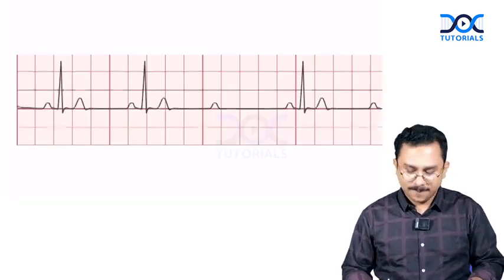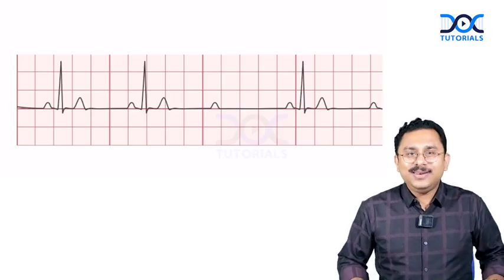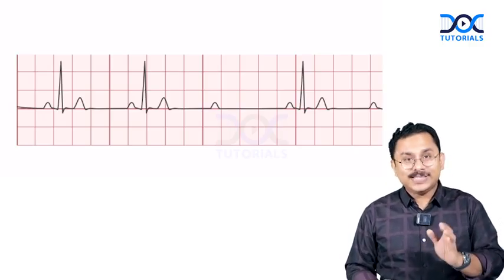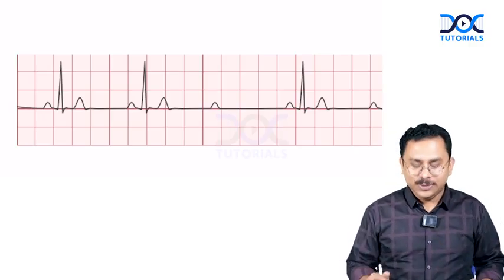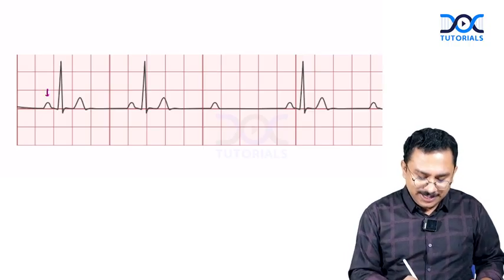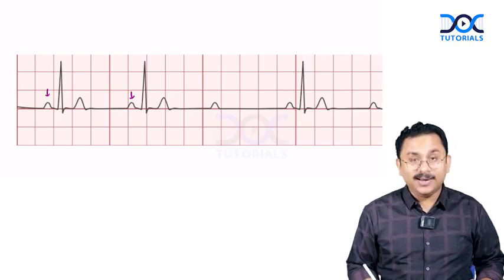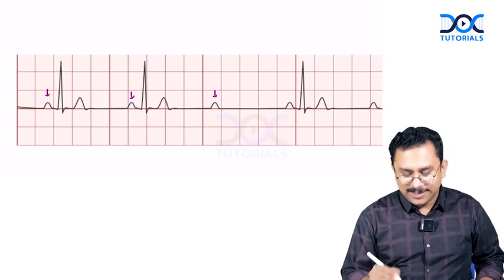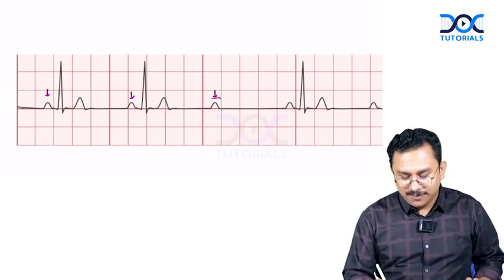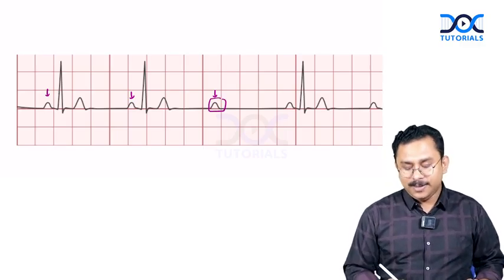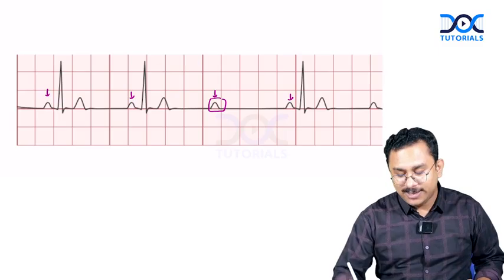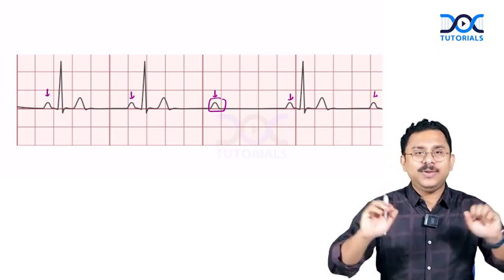Coming to the next ECG. If you scan through this ECG, what are you seeing? Yes, the P waves are getting conducted, but this particular P wave is not getting conducted, and the subsequent P waves are also conducted with a normal PR interval.